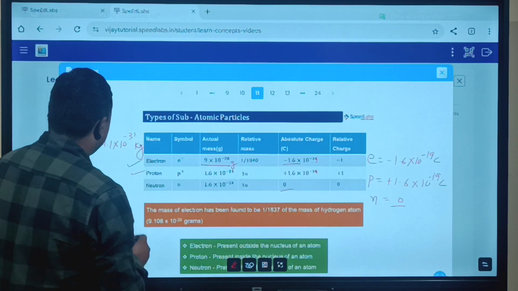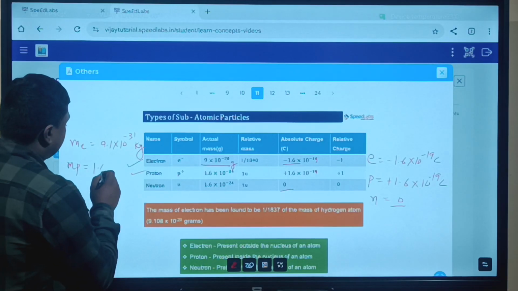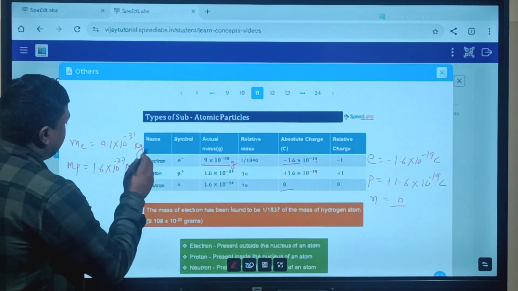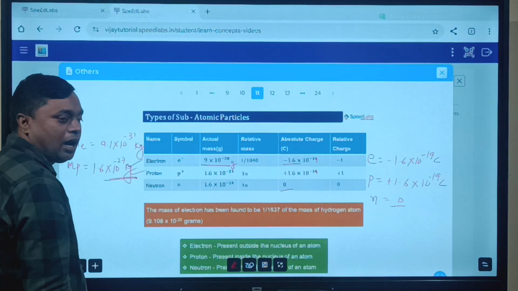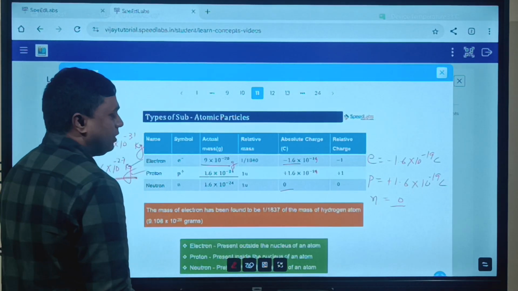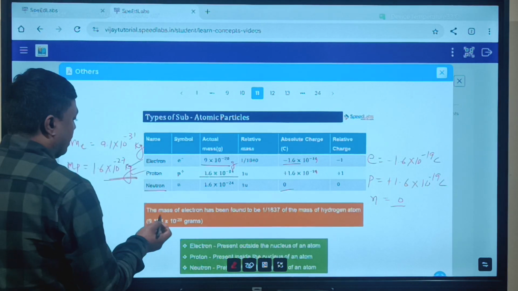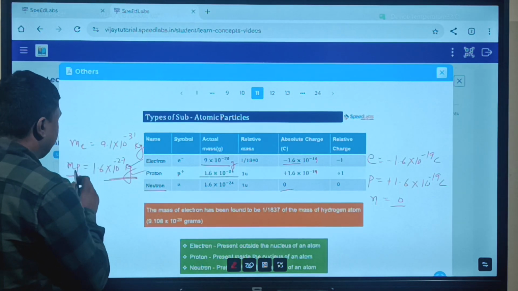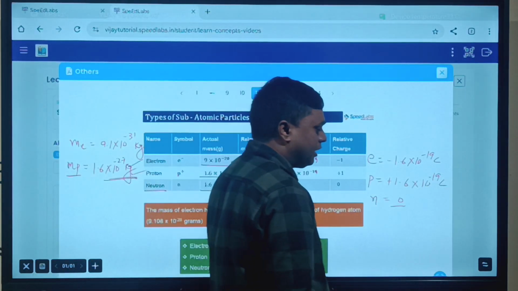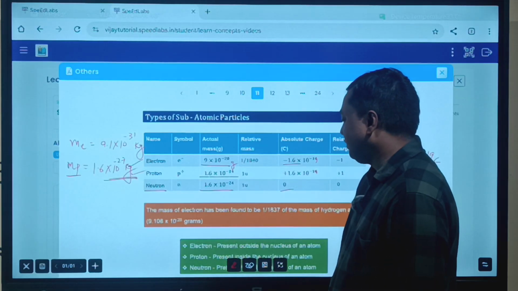Similarly, the mass of a proton is 1.6 into 10 to the power minus 27 kg. Converting into gram by multiplying by thousand, you get approximately 1.6 into 10 to the power minus 24 gram. The mass of a neutron is again approximately similar to the mass of a proton, that is 1.6 into 10 to the power minus 24 gram, or 1.6 into 10 to the power minus 27 kg.